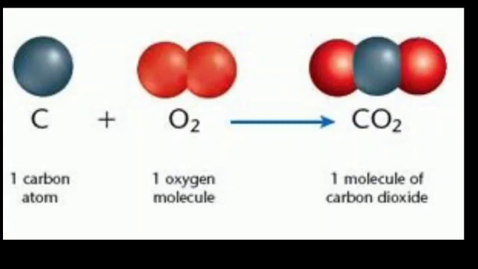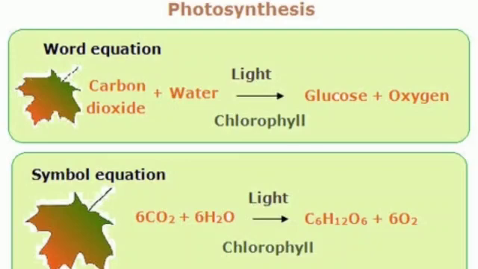So you can see this in the reaction given here. The black atom is a carbon atom. It combined with two oxygen atoms to form carbon dioxide. That is one molecule of carbon dioxide. So one carbon atom combined with one oxygen molecule to form one molecule of carbon dioxide. So burning is a chemical reaction.